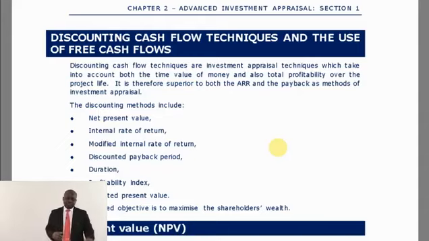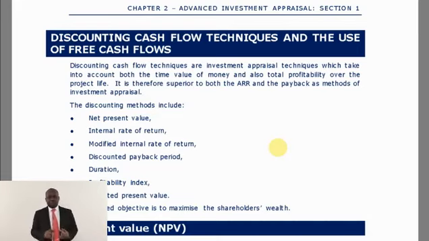At F9 level, we were supposed to learn 2 broad techniques of investment appraisal, which were the discounted approaches and the non-discounted approaches. The non-discounted approaches were the payback period and accounting rate of return. That is for F9.